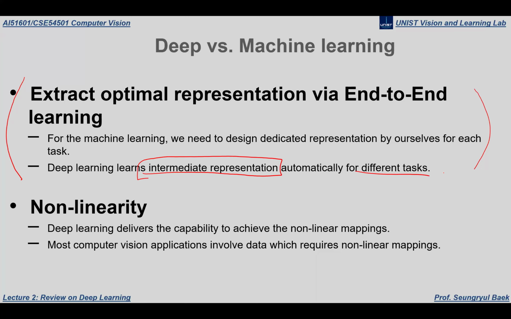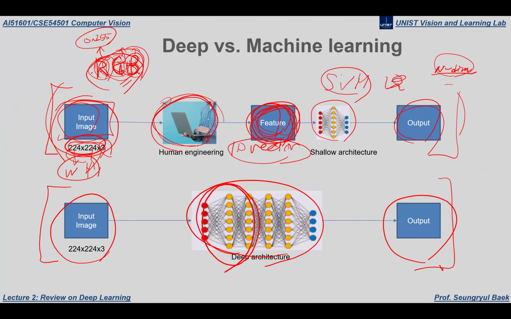Because inside the deep learning architecture, these components are learned automatically in a data-driven manner. Here, because we are using human engineered features, humans can mistakenly miss some of the important features, but in these deep learning architectures, the earlier features are automatically learned.